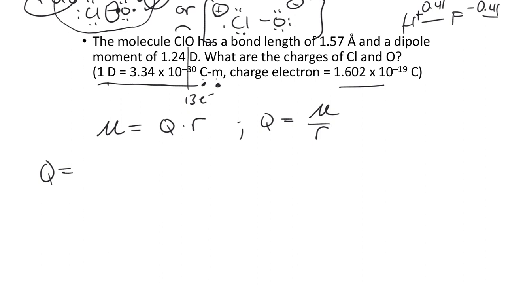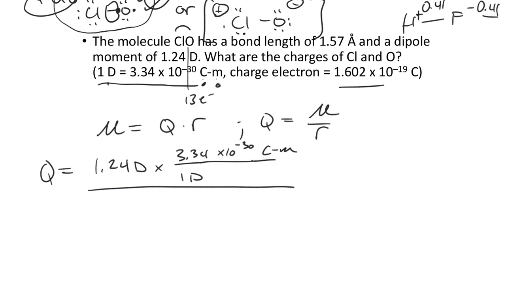And so then we calculate from the dipole moment first, 1.24 debye times 1 debye is 3.34 times 10 to the minus 30 coulomb meters.